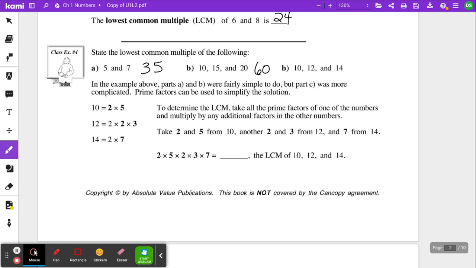So 14, 28, 42, 56, 70, is that what you were saying? 84. Anybody know?